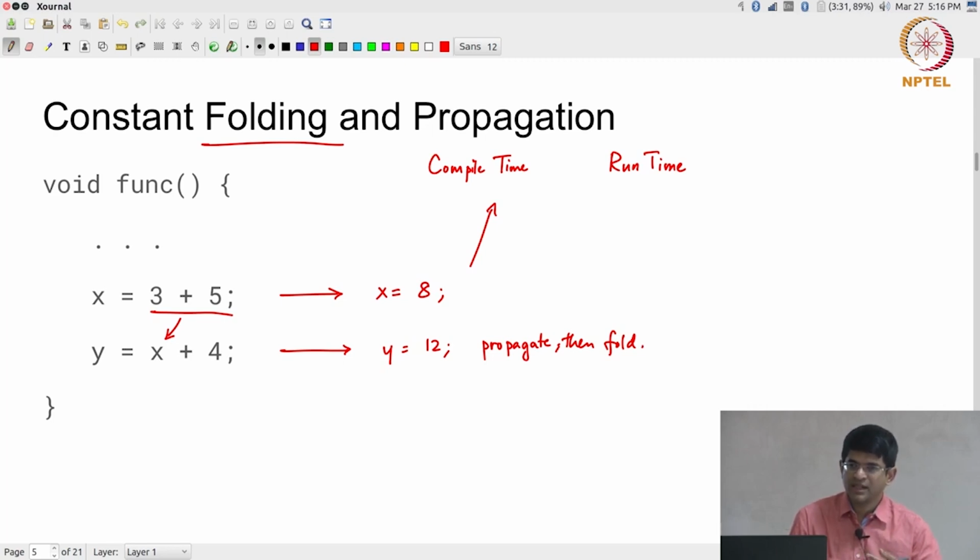The compiler will be able to take care of all of those and replace them with appropriate constants. On the other hand, if instead of 3 plus 5, this was two variables and they were assigned values, that makes it a bit more tricky, because then the compiler cannot easily tell that they are not going to change their value and it cannot replace them with constants, not always at least.